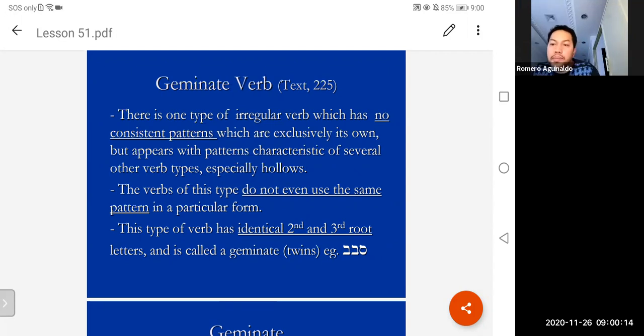There is one type of irregular verb which has no consistent patterns which are exclusively its own, but appears with patterns characteristic of several other verb types, especially hollows. The verbs of this type do not even use the same pattern in a particular form. This type of verb has identical second and third root letters and is called a geminate, or twins.